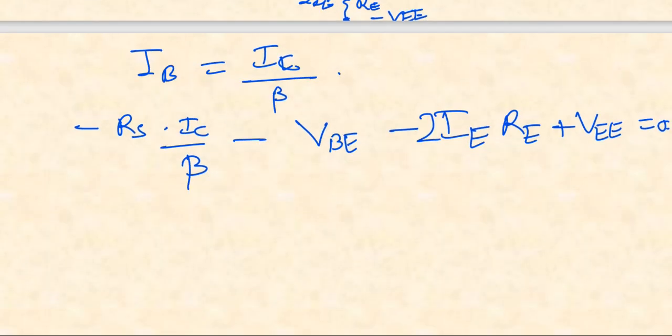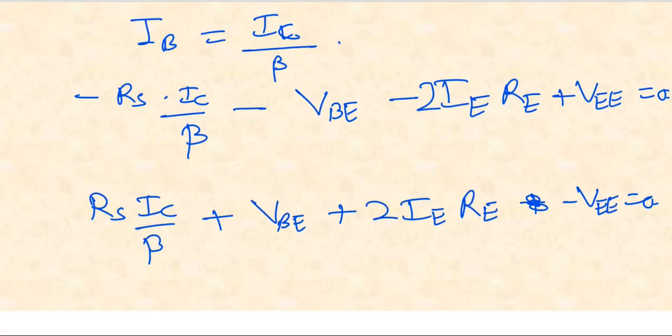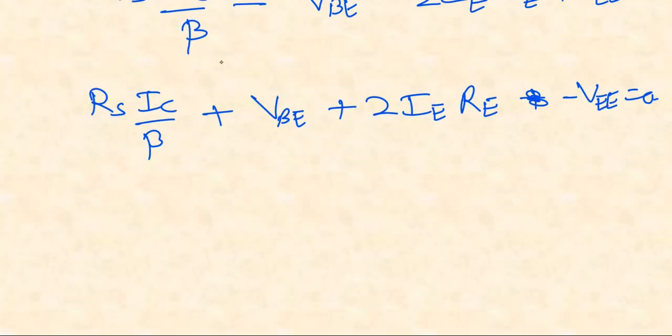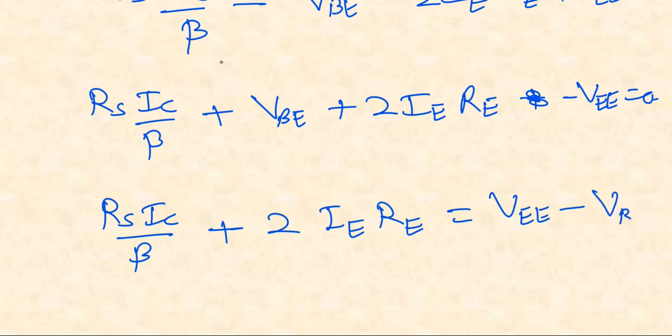Okay, I will just rearrange this equation. So RS IC by beta plus VBE plus 2 times IE times RE minus VEE equal to 0. Just rearranging the equation, RS IC by beta plus 2 times the emitter current into the emitter resistance equals VEE minus VBE. I took this term to the other side and this one also to this side.